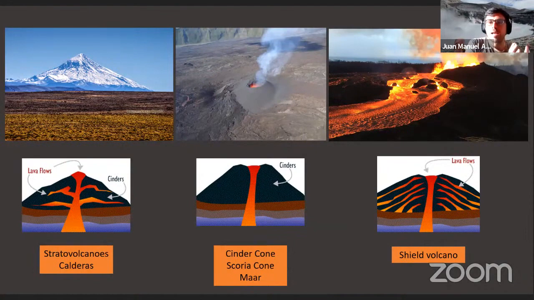As a consequence, you will have different types of volcanoes. For example, stratovolcanoes or calderas, like this one on the left, the typical volcanoes, are more related to explosive eruptions, while shield volcanoes, like this one on the left, are more related to lava, to effusive eruptions. And then there are these types of volcanoes that are called monogenetic because they only give one eruption in their life, like scoria cones, that are common in both types of environments, let's say.